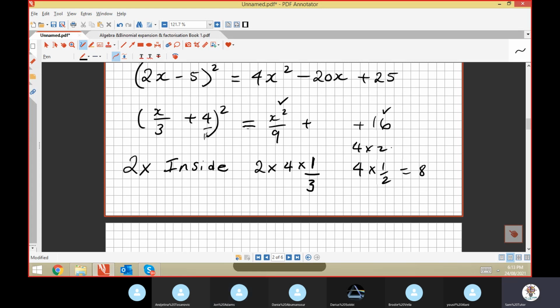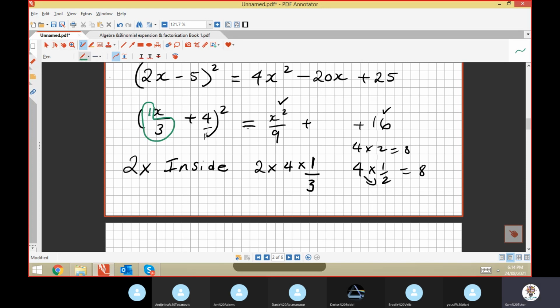You know 4 times 2 is 8, so how can 4 times a half also be 8? That doesn't make sense. Something's gone wrong. You can't just ignore the number on the top. And if you thought there was no number on the top, you have to remember in algebra, there's always an imaginary 1. So that number is actually a third.